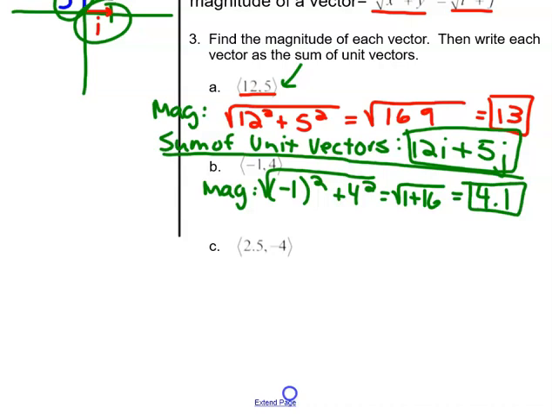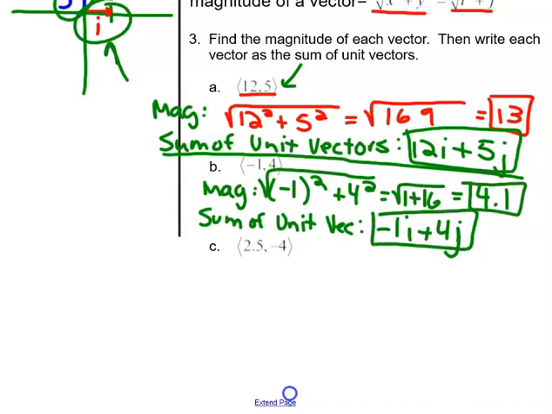So that's the magnitude. When I write it as the sum of unit vectors, this is all I'm doing. -1, so I'm going one of these units to the left, and then 4 of those units up. Keep getting my I's and my J's mixed up. Okay? So, I mean, we can do one more, but I think we're probably good with that.